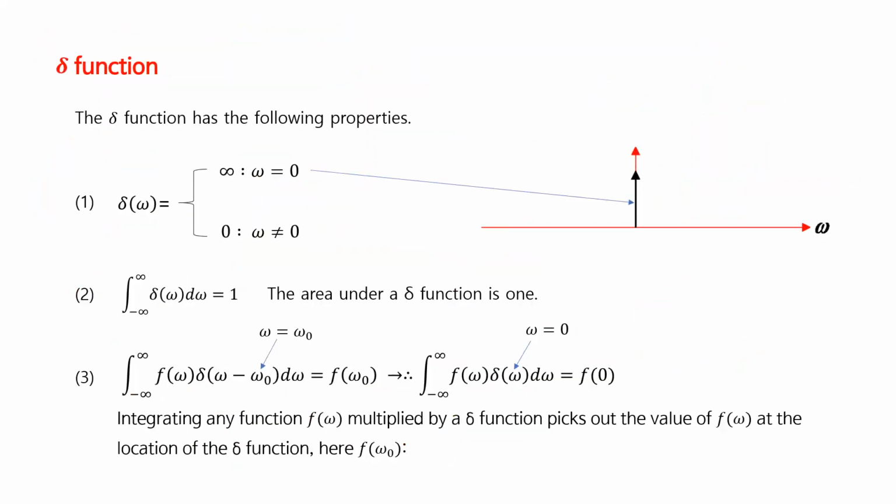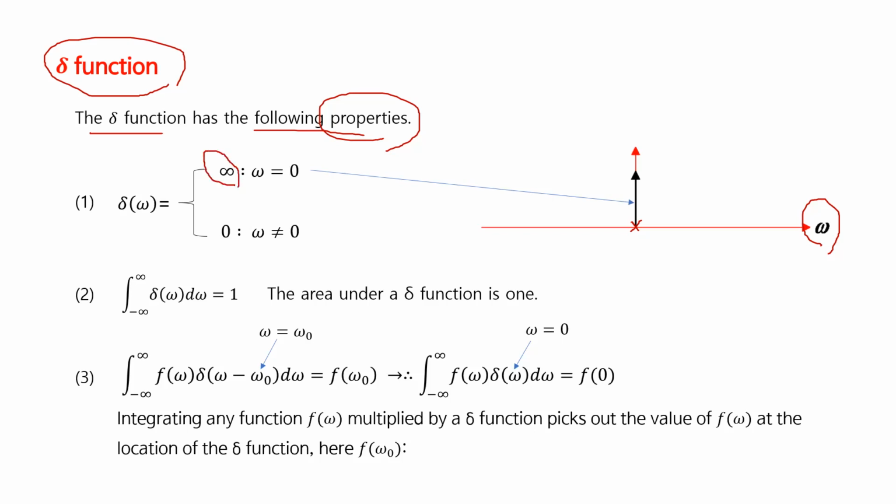Now let's see the delta function. The delta function has the following properties. At omega equals 0 it has amplitude infinity, otherwise 0.